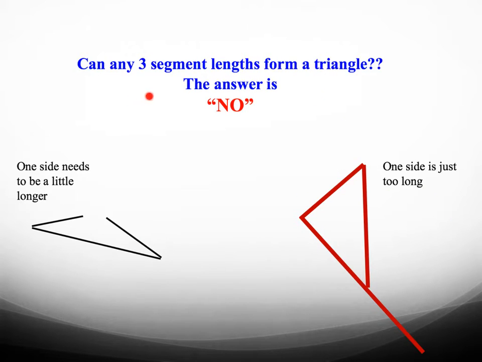Well, I guess after seeing the triangles, we can answer the question, can any three segments form a triangle? Looks like the answer is no. When I put my three sides together from the left, the black sides here came up a little short. So can any three lengths form a triangle? Absolutely not.